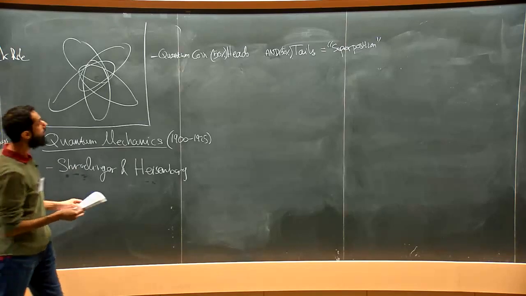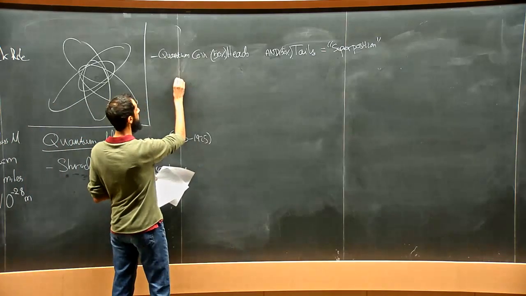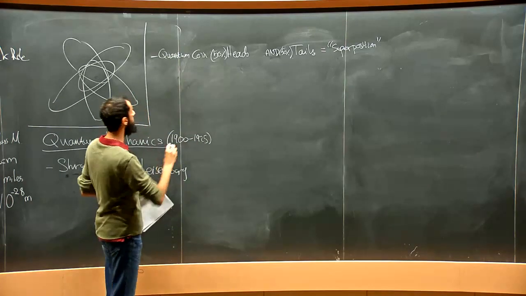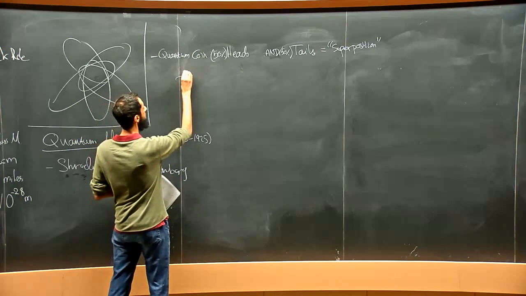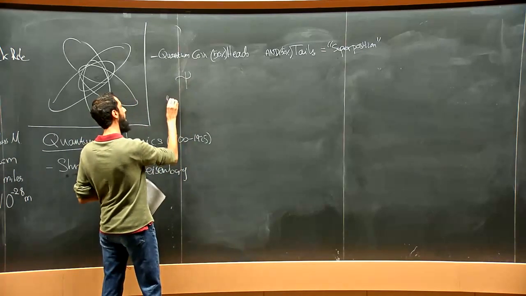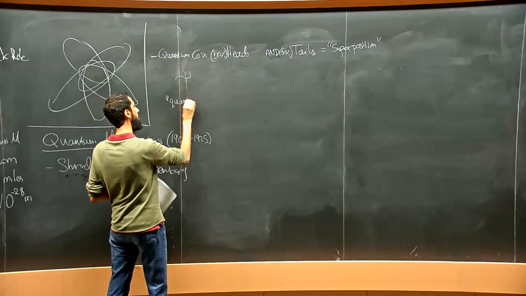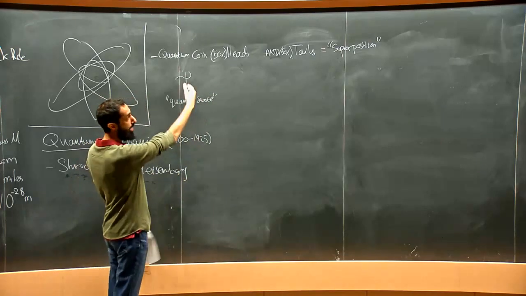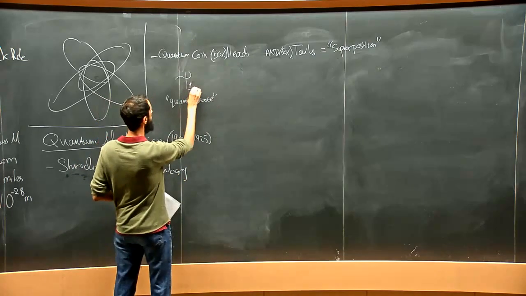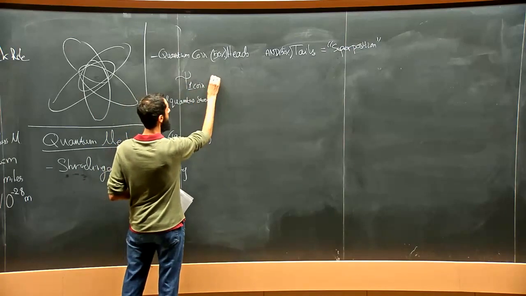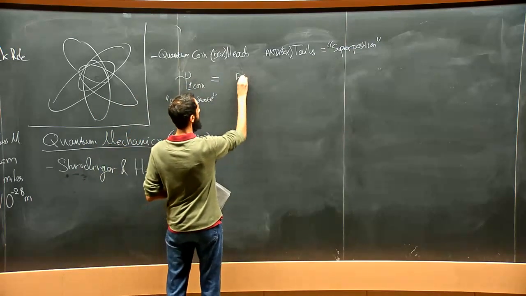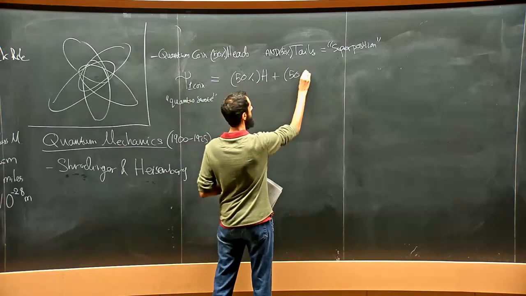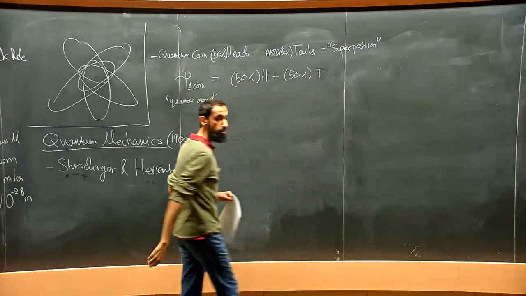A nice way to represent this is to use some mathematics, some formulas. So there's some quantum state psi, which characterizes a superposition. So this is psi for one coin, which I will write as 50% heads plus 50% tails. Okay?